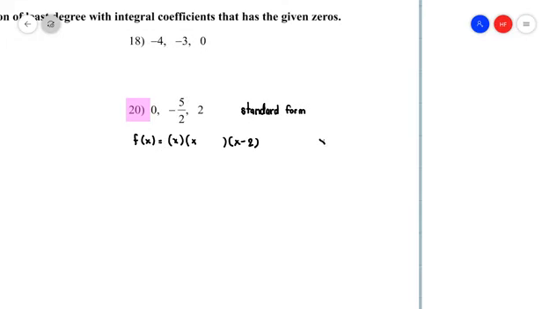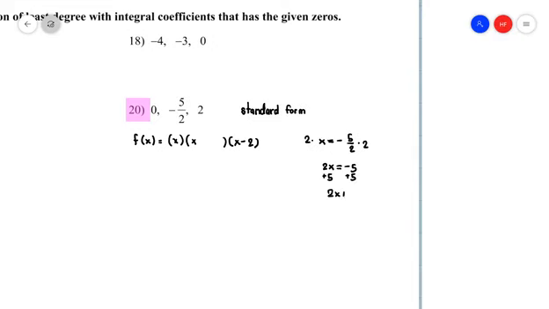Now with x equals -5/2, I want to move that over to where it's no longer a fraction and to where it equals 0. So I would multiply by 2. And so 2x equals -5. Remember, I still want this to equal 0, so I'll add that 5.